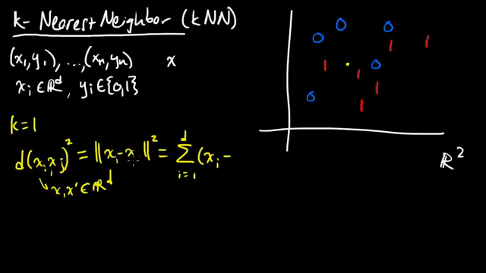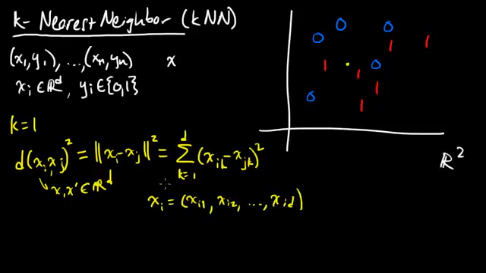Here I'm writing xi, for example, to be xi1, xi2, and so on up to xid, just to make this consistent with our previous notation.